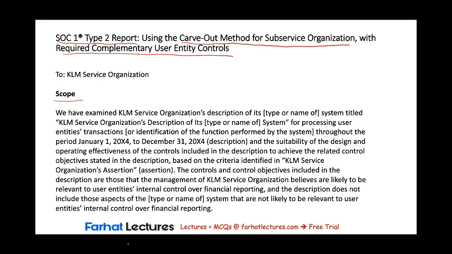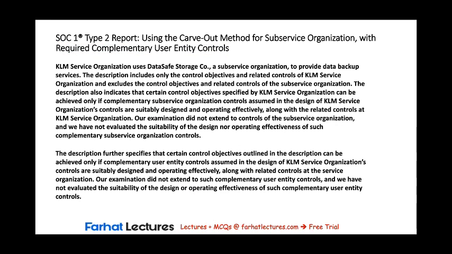At the beginning of this paragraph, there's no difference. When using the carve-out method, we're still going to examine only the service organization's description of its system, and we're not going to include the subservice organization's system. Now, because we have required complementary subservice organization controls, we're going to add an additional paragraph mentioning the existence of the subservice organization.